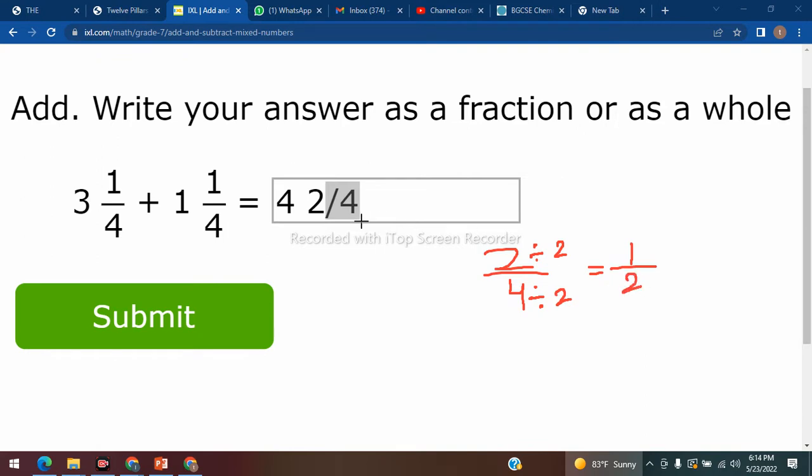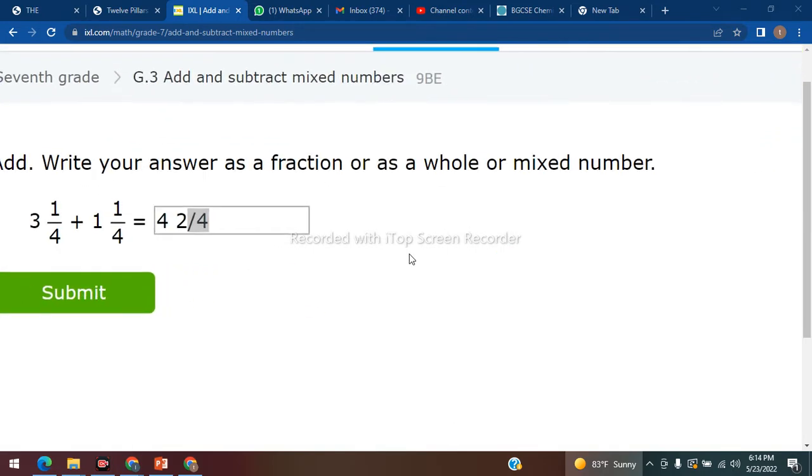So we could reduce it. They didn't say if they wanted to reduce, but better we reduce it in any event.